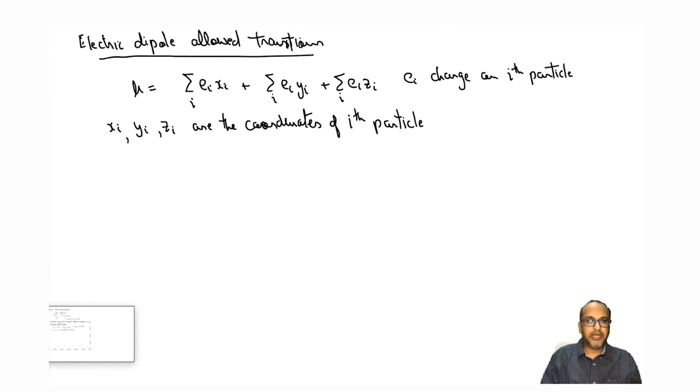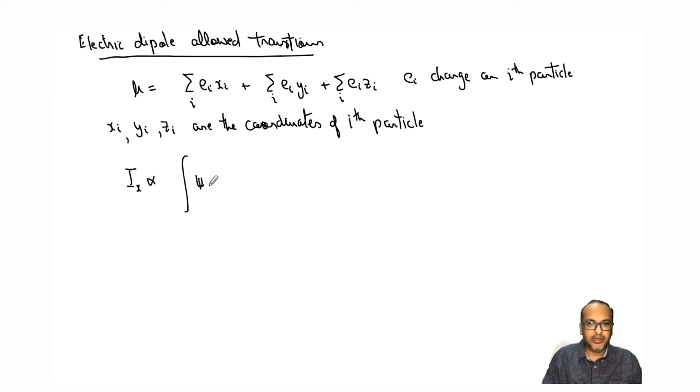Now if I want to write the intensity factor again, the intensity in x is proportional to the integral of psi 1 x psi 2 d tau.